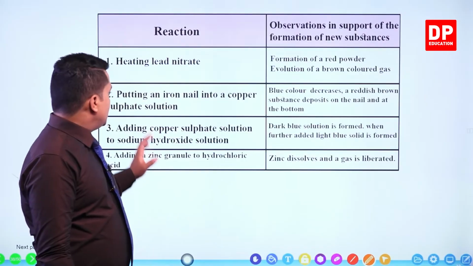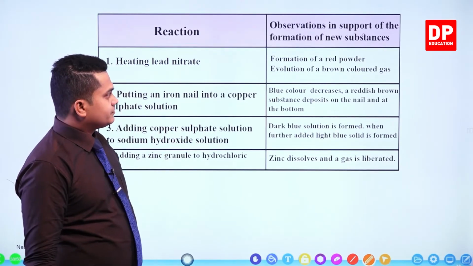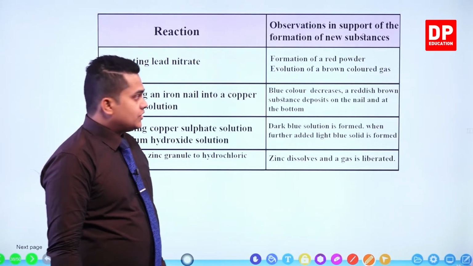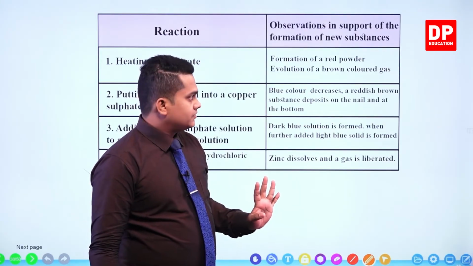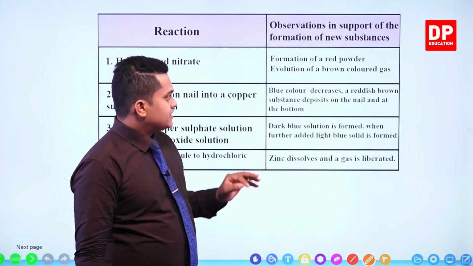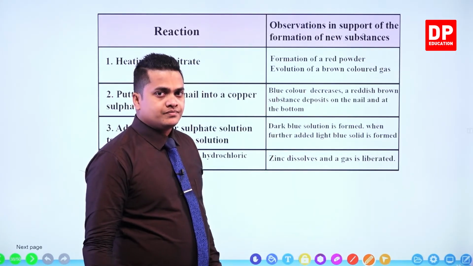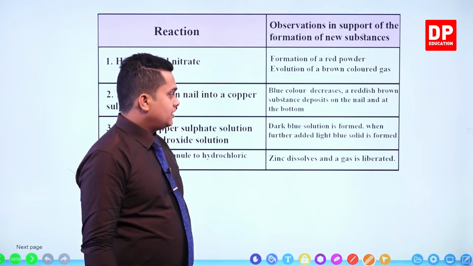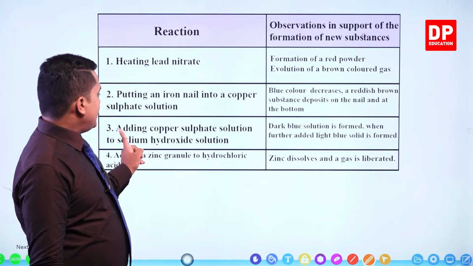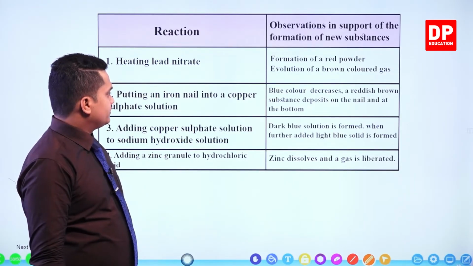Second one, putting an iron nail into a copper sulfate solution, right? The observations: blue color decreases, and a reddish brown substance is deposited on the nail and at the bottom of the solution. That's the second activity and the second observation. Third one, adding copper sulfate solution to sodium hydroxide solution.